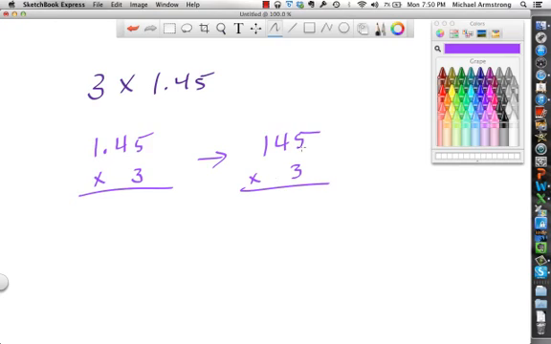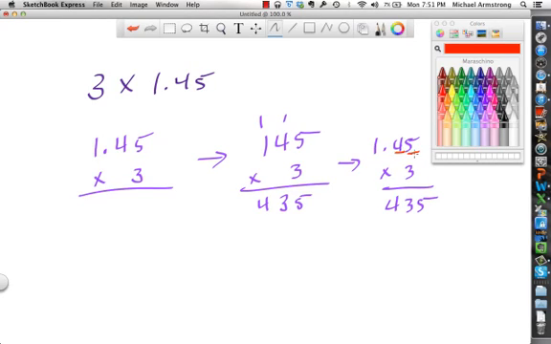Okay, we're going to multiply. 3 times 5 is 15. 3 times 4 is 12, plus 1 is 13. 3 times 1 is 3, plus 1 is 4. So 145 times 3 is 435. But 1.45 times 3 is actually going to be the same answer, but with the decimal places figured back in.